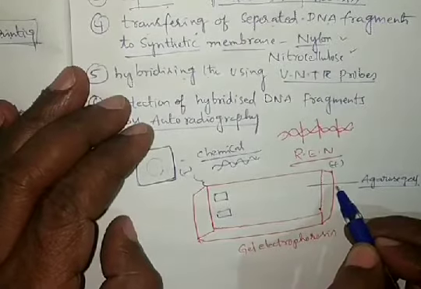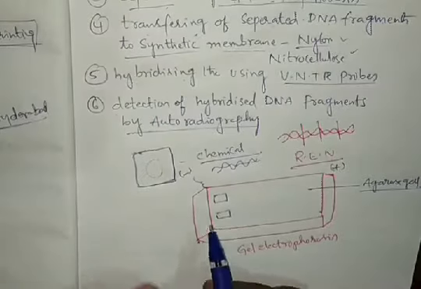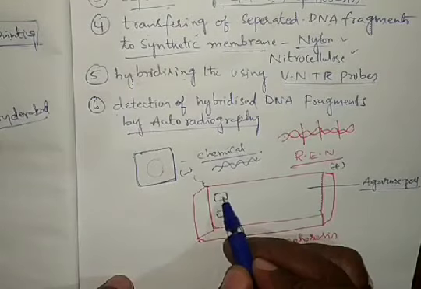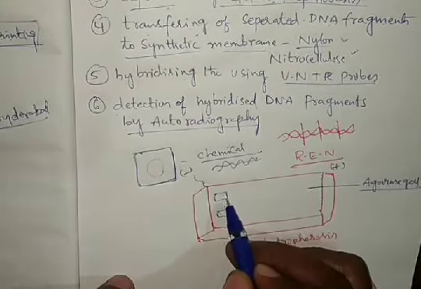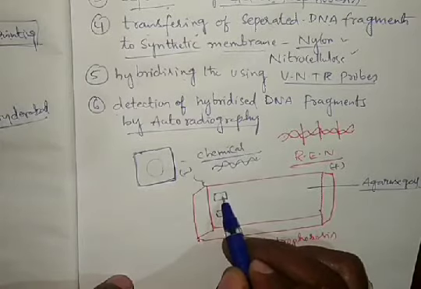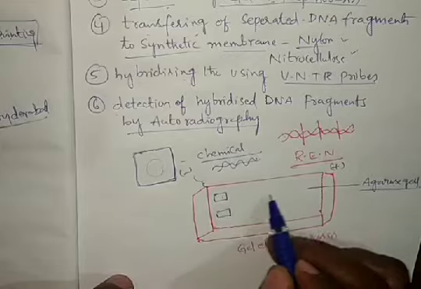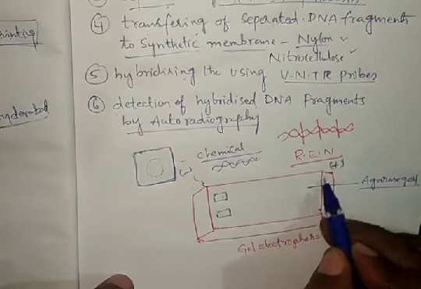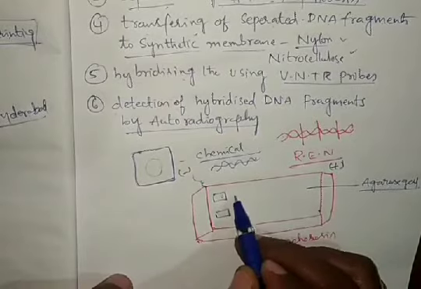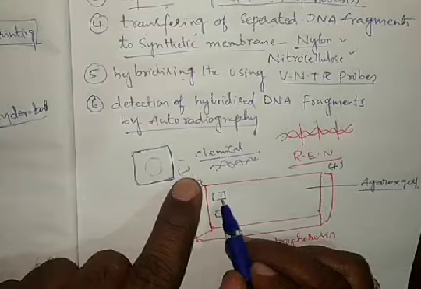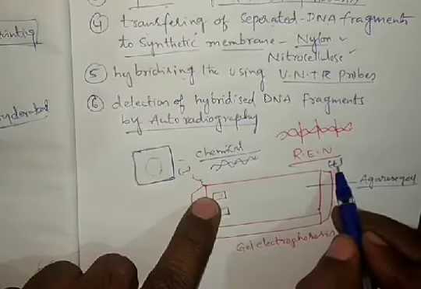When the electric field is created, the DNA, which is a negatively charged material, moves towards the positively charged pole. DNA segments move from the negatively charged region to the positively charged region.